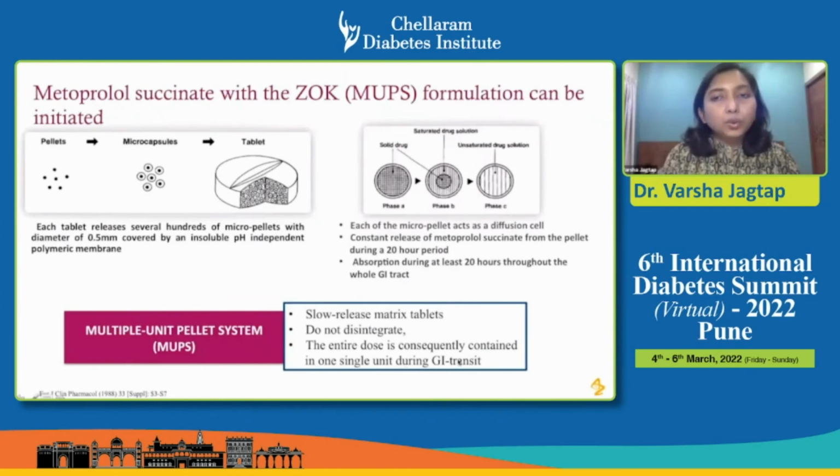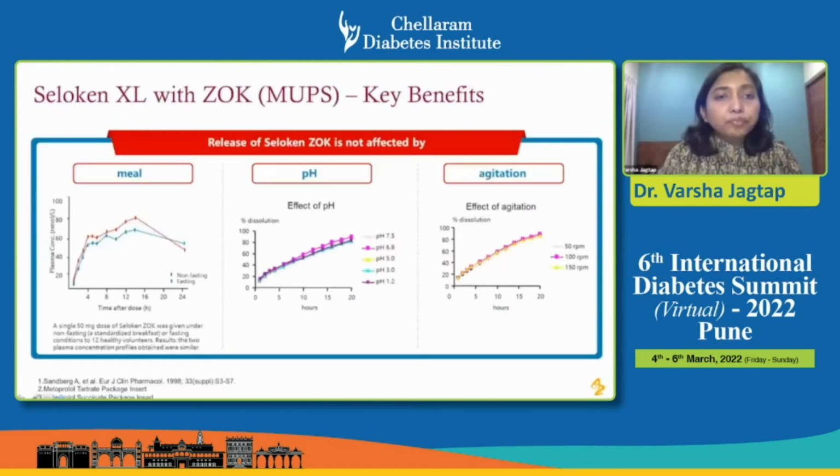It reduces the incidence of sudden cardiac death by 30% and all cause mortality by 22%. And metoprolol, with its unique MUPS zero order kinetics prolonged release formulation, which is seen in Celokin XL, provides a 24-hour duration of action, with its absorption being unaffected by food intake, pH of body fluids, and intestinal motility.